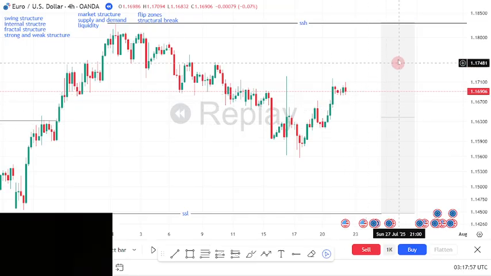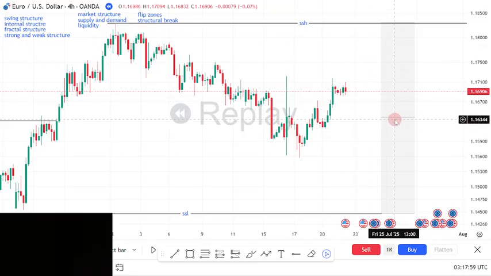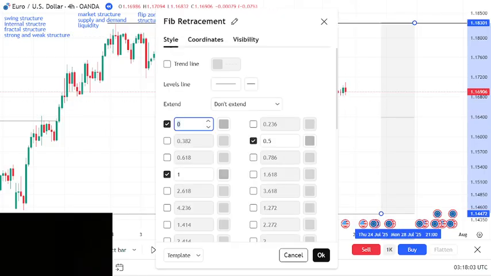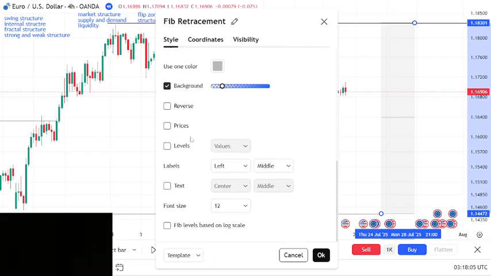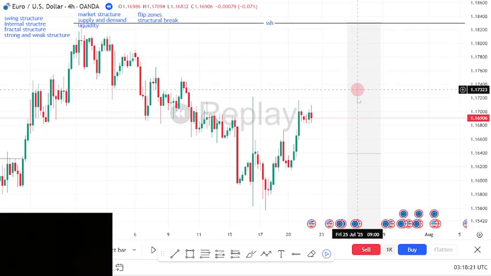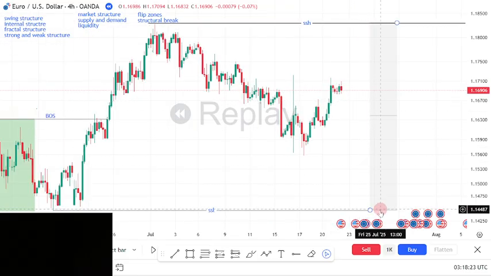I'm expecting price, okay, cool. So the middle line is equilibrium. Here is premium, here is discount.